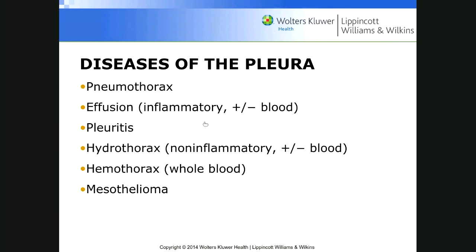So just some more terms: pneumothorax is a collapsed lung, effusion is where you get fluid accumulation, inflammation of the pleural membrane is called pleuritis, hydrothorax is basically fluid in the lung. This is different from hemothorax, which means whole blood.